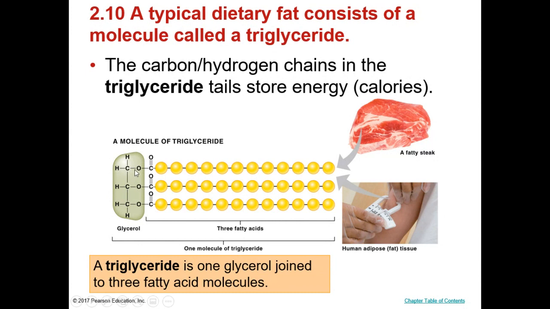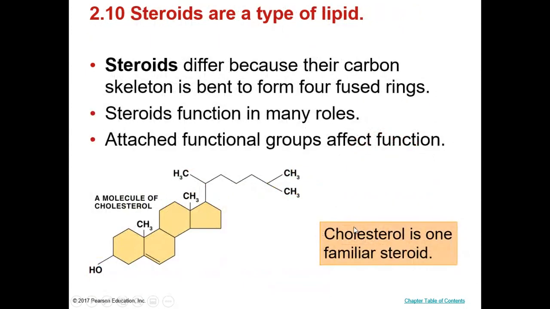Glycerol is made up of a 3-carbon chain with oxygens attached to those 3 carbons. And then the tri part of the word comes from the 3 lipid chains that you're looking at here. So collectively this is known as one triglyceride molecule, which makes up most of your fats.